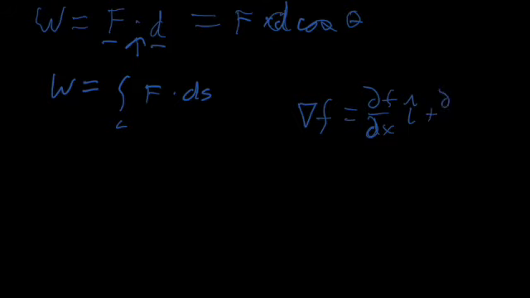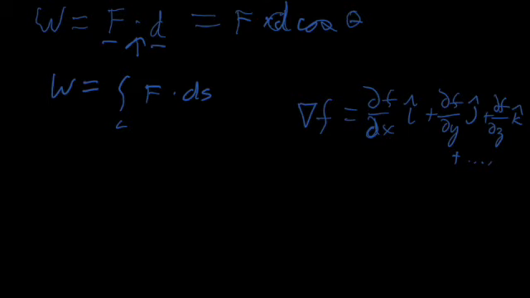Then likewise, we have the partial of f with respect to y times j, plus the partial of f with respect to z times k. These little hats on the i, j and k represent that they are vectors and components of the same vector. This goes for however many dimensions you want. What this gives you is the direction of steepest ascent. So what direction can you travel in order to gain the most force or gain the most work?